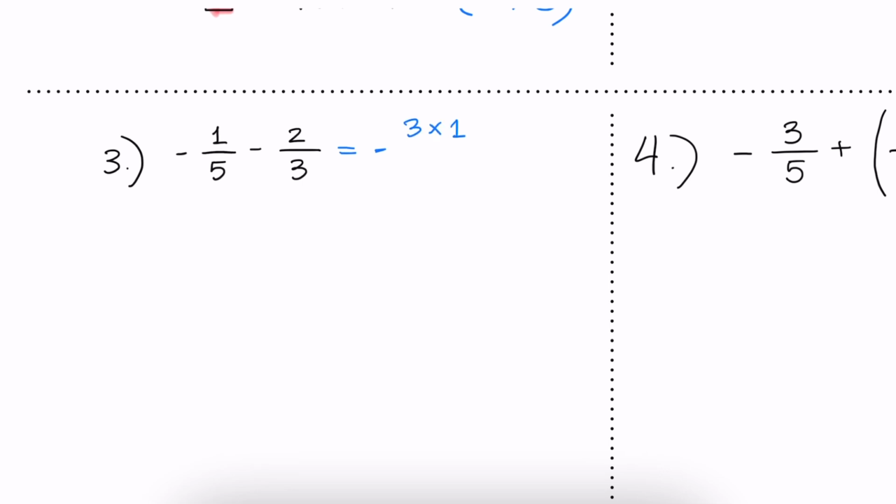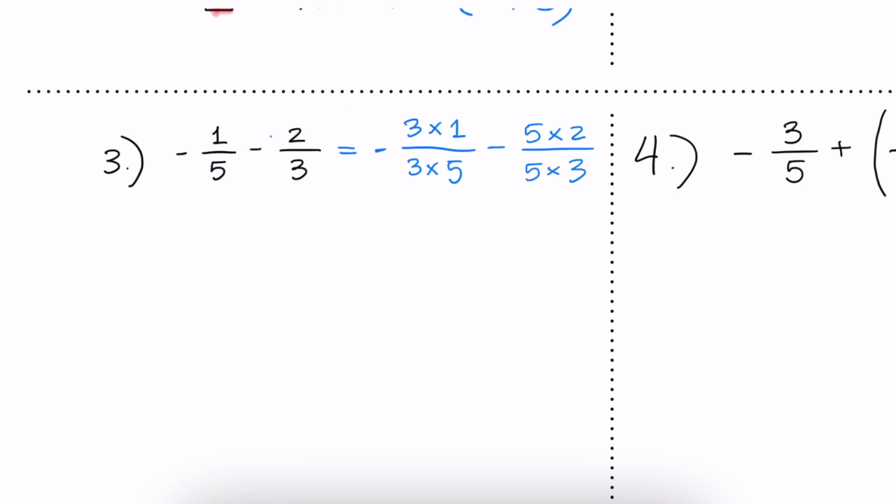times 1 over 3 times 5 minus, here for the 2/3, you're going to be multiplying by 5 over 5. Now, another way to think about this, I'll write this down before I move on, is you're cross-multiplying.